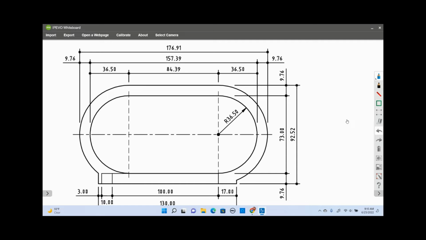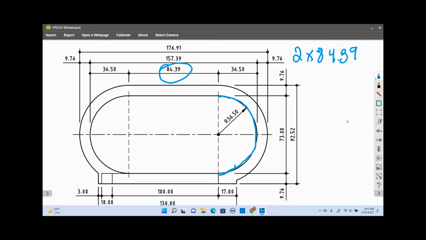So we have two straightaways, which again are 84.39 meters, so we have 2 times 84.39 meters. And then we have these semicircles here.